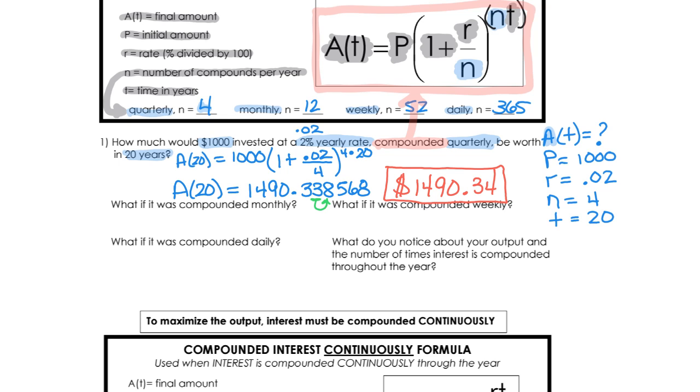All right. So the next part says, what if it was compounded monthly? So the only thing that we have to change, guys, is that we're compounding monthly. And monthly, there's 12 months in a year. And so that's going to make us change our n value to a 12.